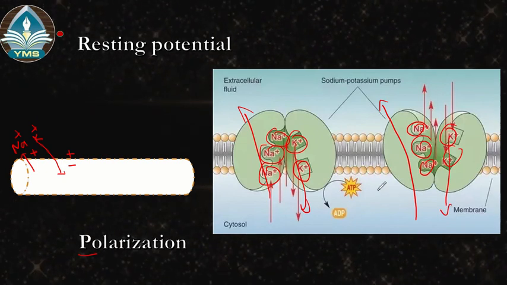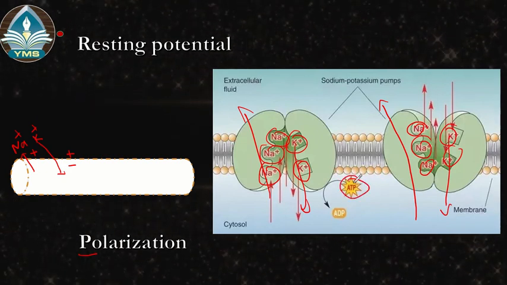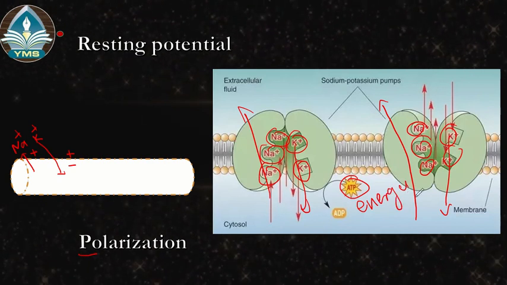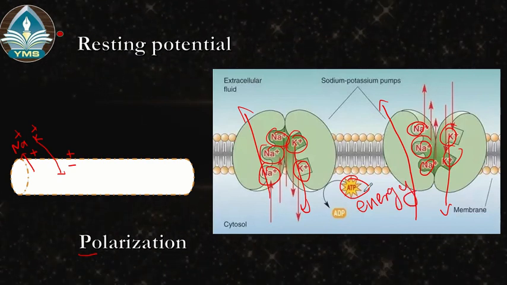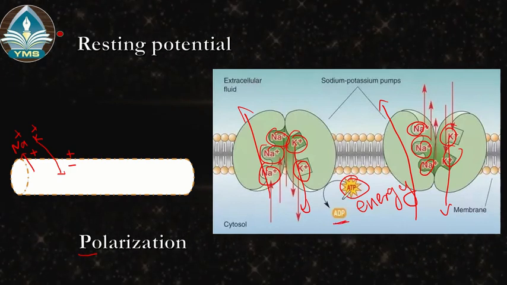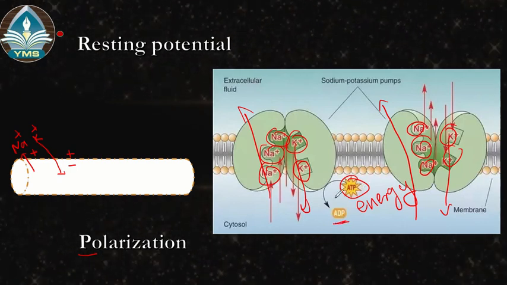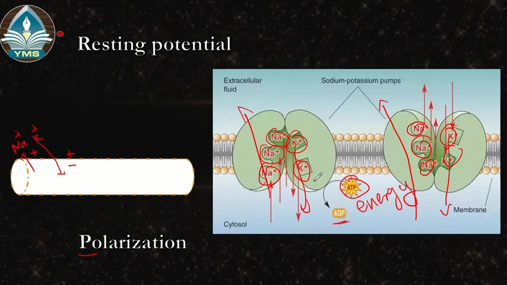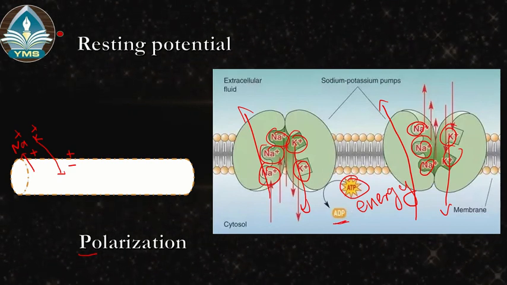And in this process, as you can see, this pump will use ATP, adenosine triphosphate, which is energy. It will change ATP to ADP, which is adenosine diphosphate. Now we had adenosine triphosphate change to adenosine diphosphate, and this is the energy which will make that pump work.